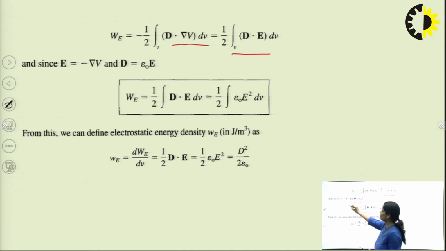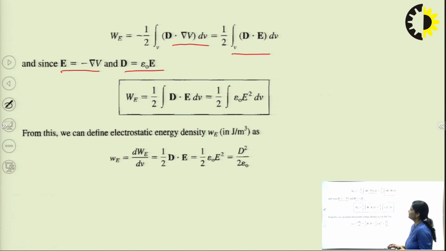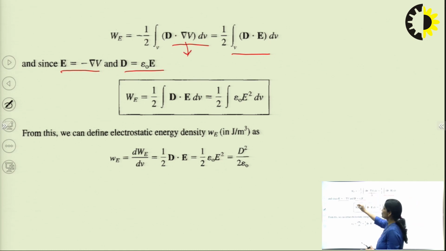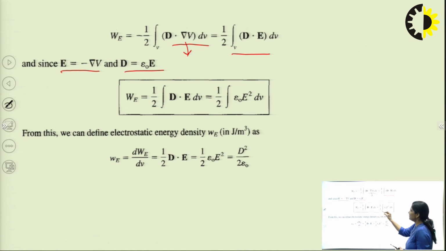Now put the values, as you all know, E is equal to minus del V and D is equal to epsilon naught E. So you will get D dot E, and as del V is equal to E, put E here. So W is equal to 1 by 2 D dot E dv. Now put the value of D. D is equal to epsilon E, so you will get 1 by 2 epsilon naught E square dv.